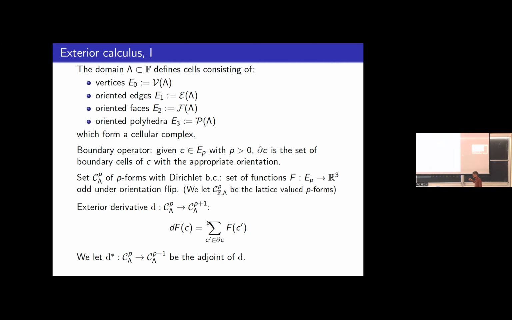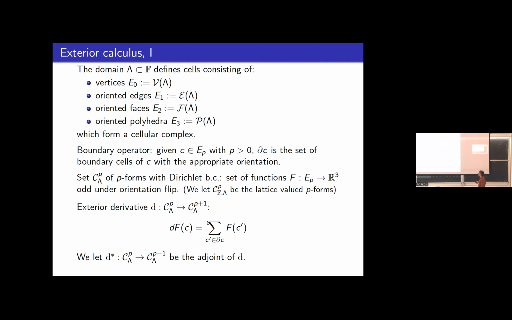Vertices are not oriented, so the 0-forms are just functions over vertices. In the following I will also let C_p with this subscript f be the lattice-valued p-forms. If I consider functions that only take values in lattice vectors, vectors belonging to the FCC lattice itself rather than generically in R3, I will refer to that function as an element of the lattice-valued p-forms, denoted like this.